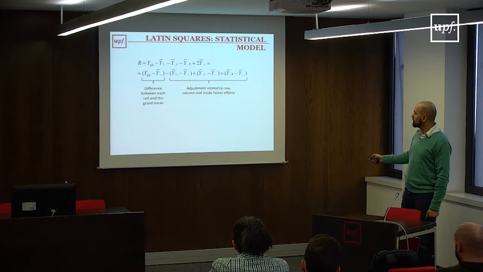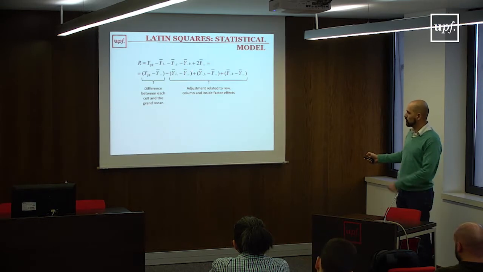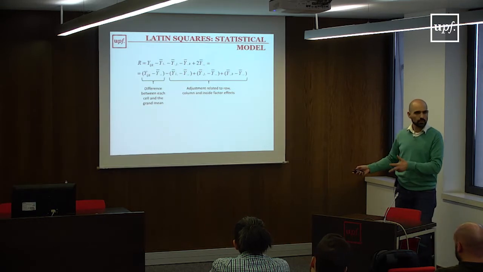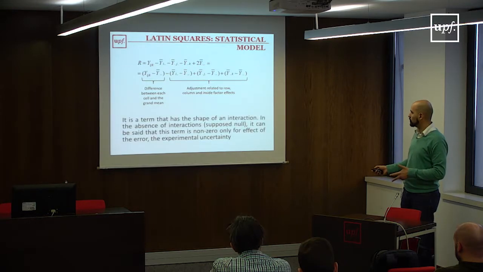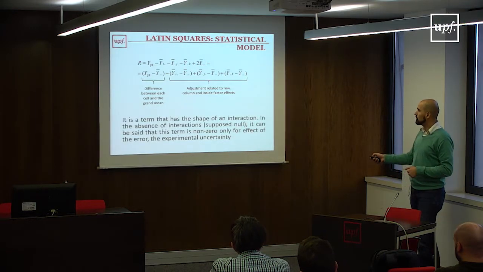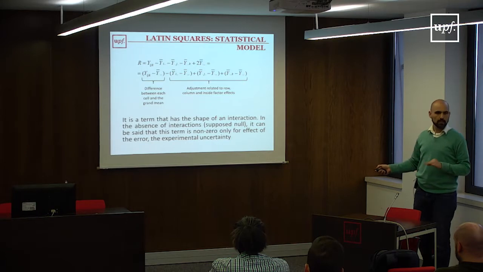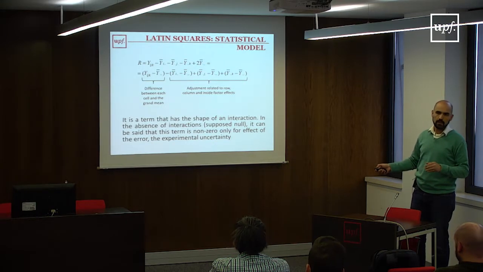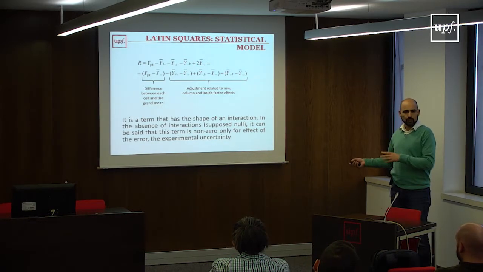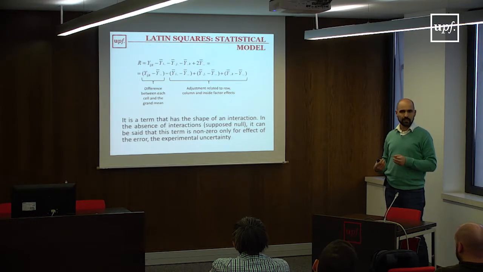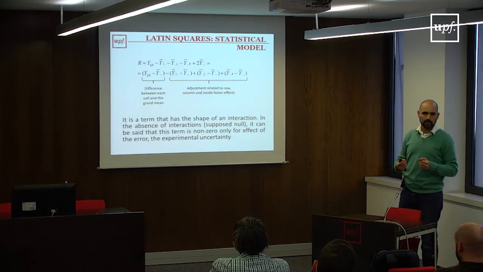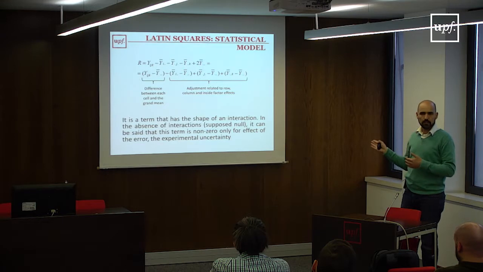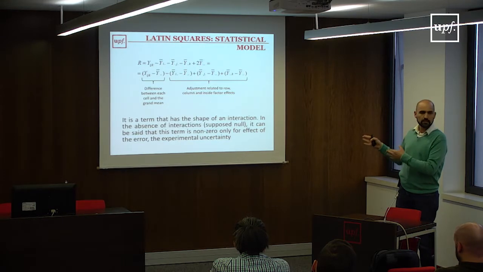And this is an adjustment related to the row, to the column, and to the inside factor. So actually, this term has the shape of an interaction. Of course, we ignored the interaction at the beginning, but inside the model they will appear somewhere, and they appear inside our error.